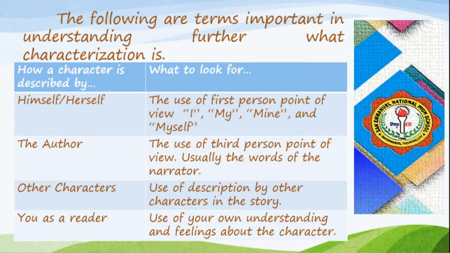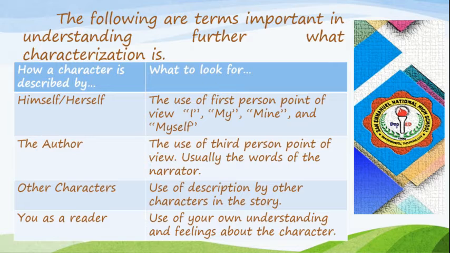The use of third-person point of view, usually the words of the narrator. Third, other characters. The use of description by other characters in the story. And lastly, you as a reader. Use of your own understanding and feelings about the character.